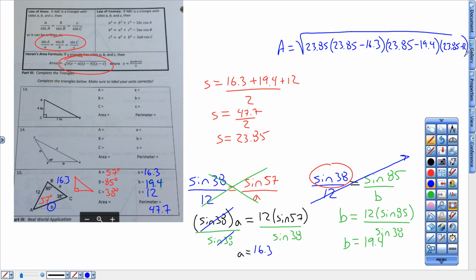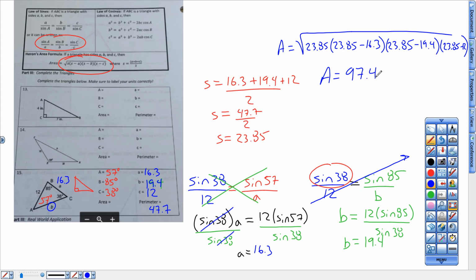And I'm going to square root that whole mess. So here I go, square root, double parentheses here, 23.85 times 23.85 minus 16.3 times 23.85 minus 19.4 times 23.85 minus 12 gives me about 97.4.